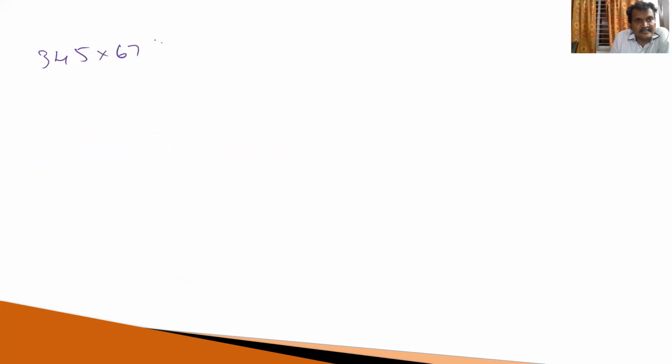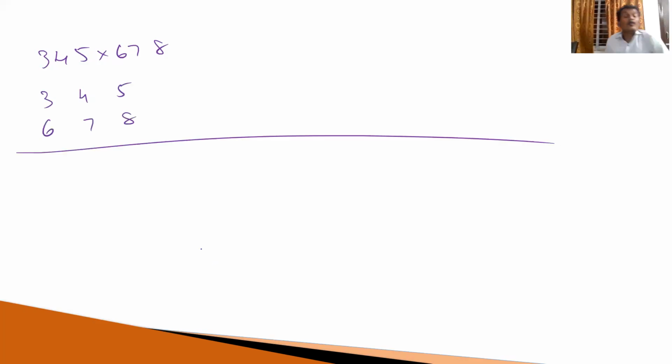345 into 678. 3, 4, 5, 6, 7, 8. What is the first step? 10,000. How will you get? 3 into 6. What is the next step? 1,000. How did you get? 100 into tens.